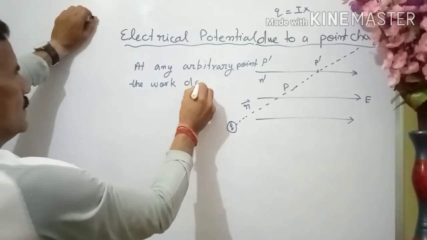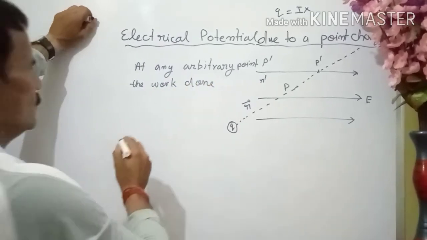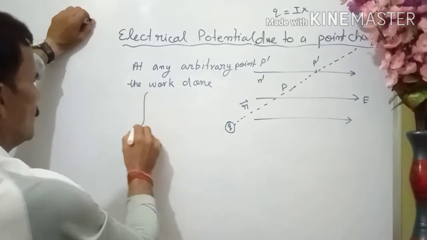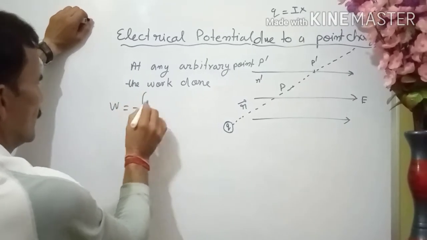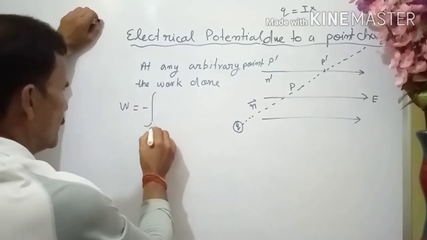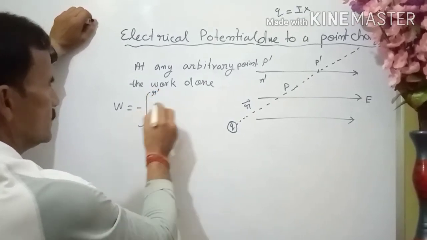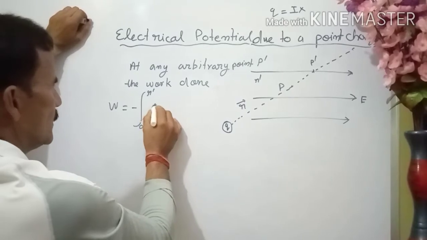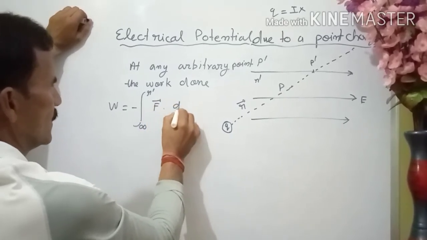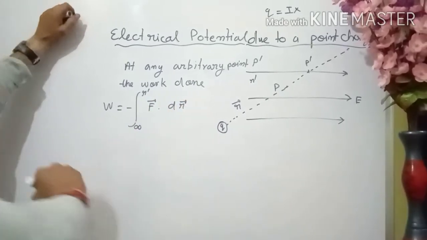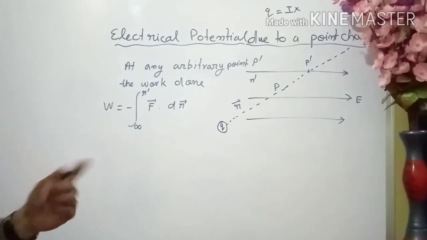Work done W is equal to negative, no doubt, integral from infinity to r dash, and force is F dot dr. Are you understanding?